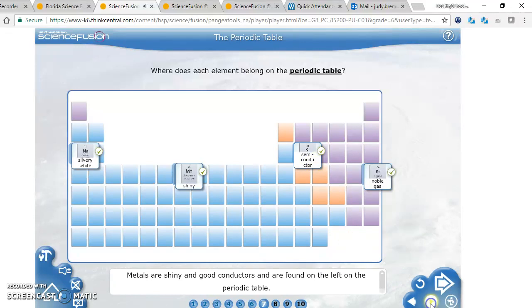Metals are shiny and are good conductors and are found on the left-hand side of the zigzag line on the periodic table. Nonmetals are generally poor conductors and are found on the right-hand side of the periodic table. Metalloids have properties that are in between the other types of elements and are found between them on the periodic table.